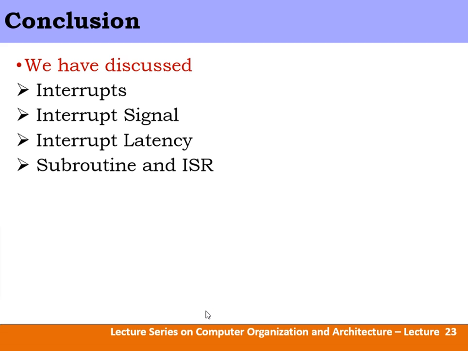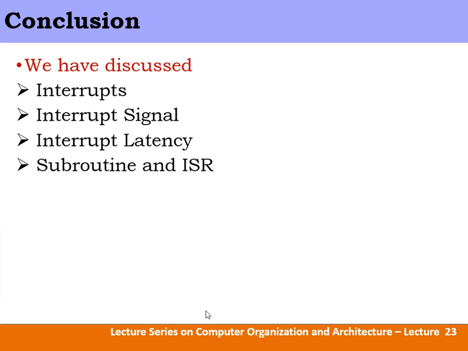That service is given in the form of execution of a program, the ISR program. Once the interrupt signal has been recognized by the processor, it can also send an interrupt acknowledgement signal.